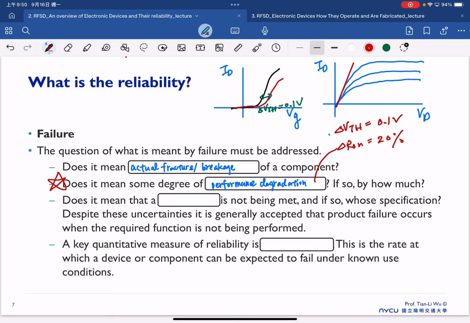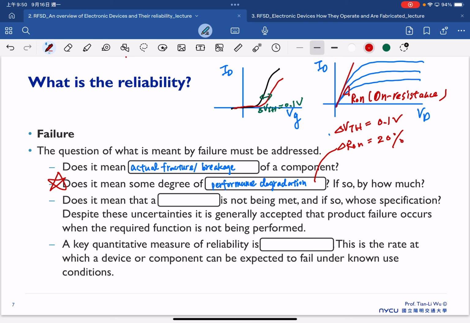This slope is R, which we usually call on-resistance.